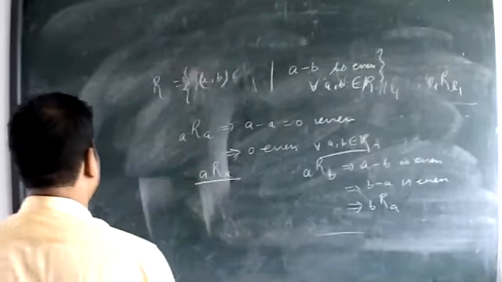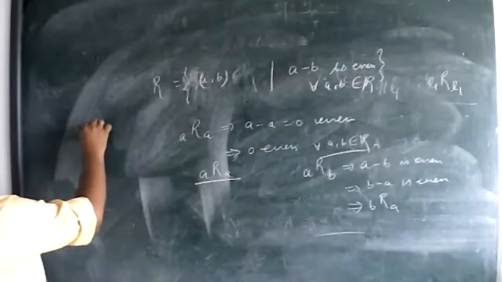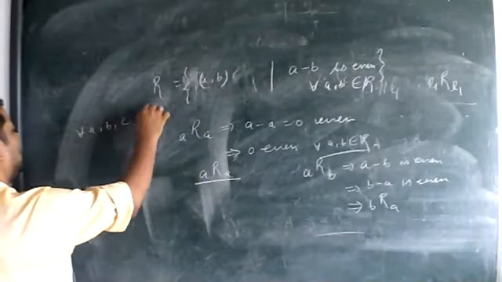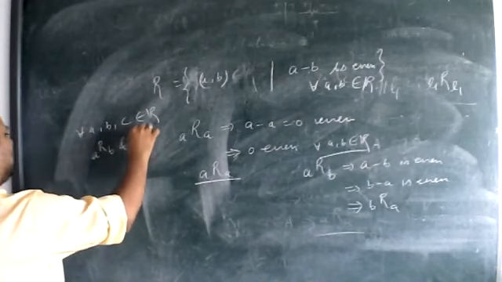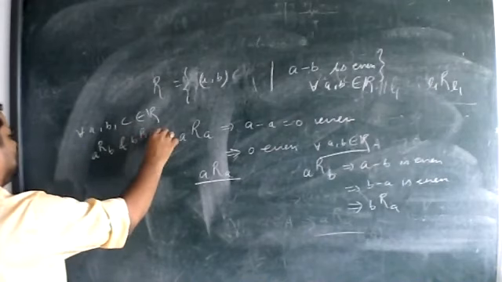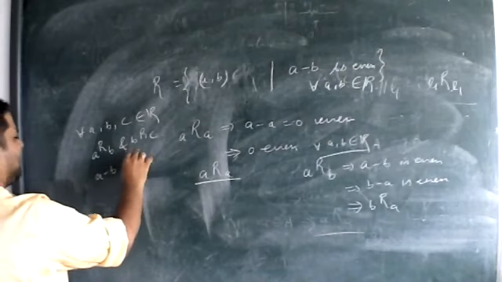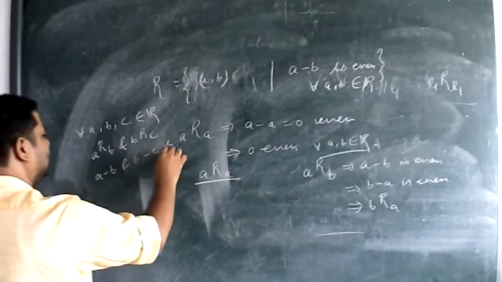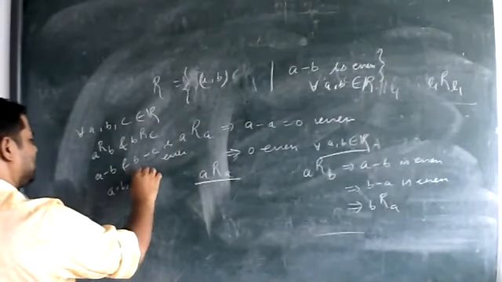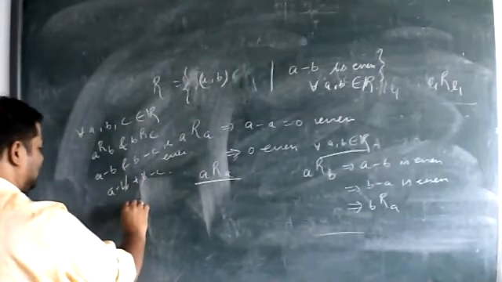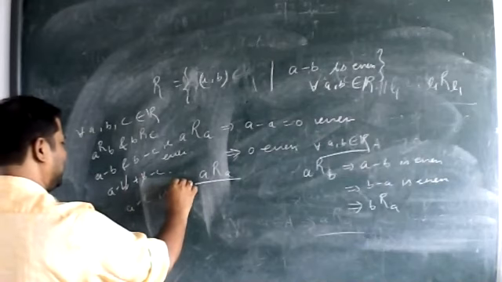And for transitivity, for each a, b, c belongs to real numbers, if a is R related to b and b is R related to c, then a minus b and b minus c are even. If we add both of them, a minus b plus b minus c, b cancels, so a minus c is also an even number.